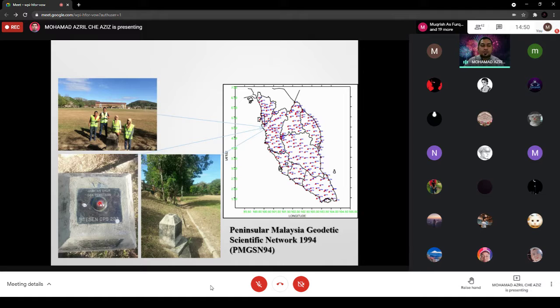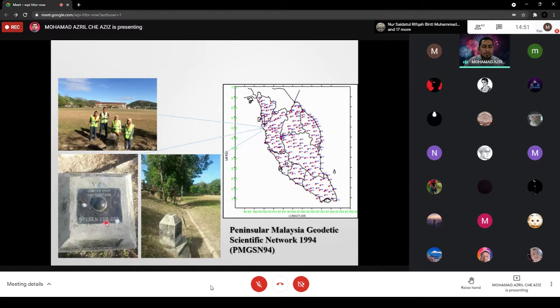It is similar to the benchmark monument. In engineering we call it a benchmark, and you use the center of the monument as a reference to conduct your leveling. But this one is for GPS. This is a control point for the PMGSN 94.